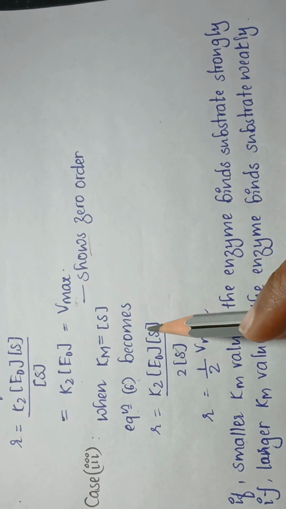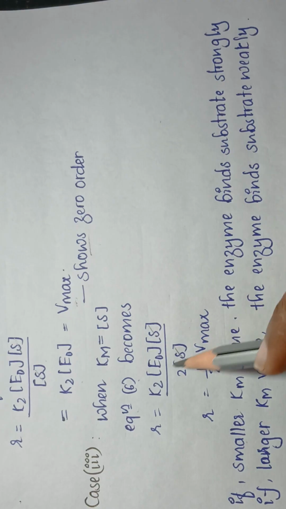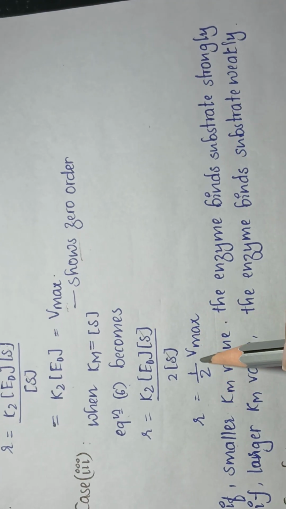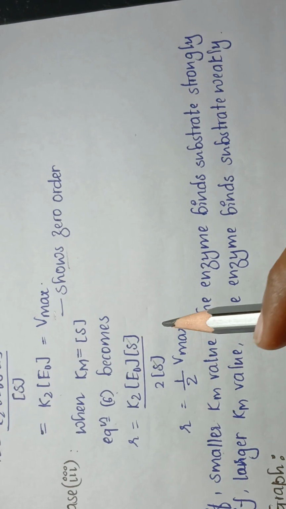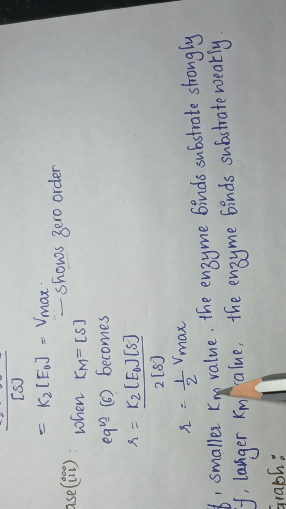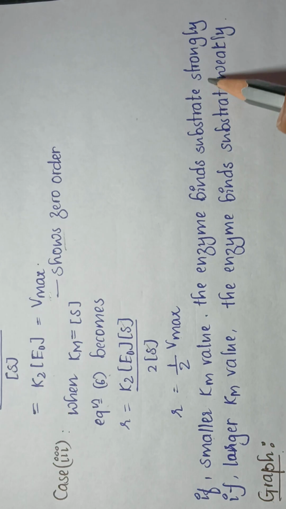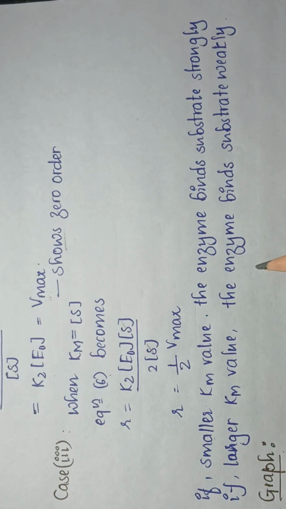The [S] terms cancel, giving one half of k2[E0], which is Vmax. So the rate is equal to one half Vmax. A smaller Km value means the enzyme binds the substrate very strongly, while a larger Km value means the binding is very weak.